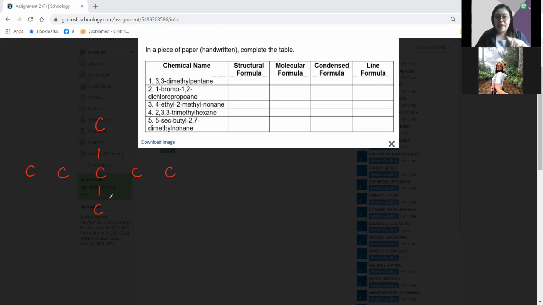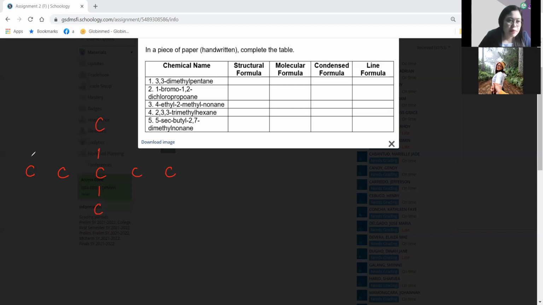Start with the parent chain and then place the substituents and then lastly punuan nyo siya ng hydrogen. So remember, kailangan 4 lang talaga ang bonds ng bawat carbon.